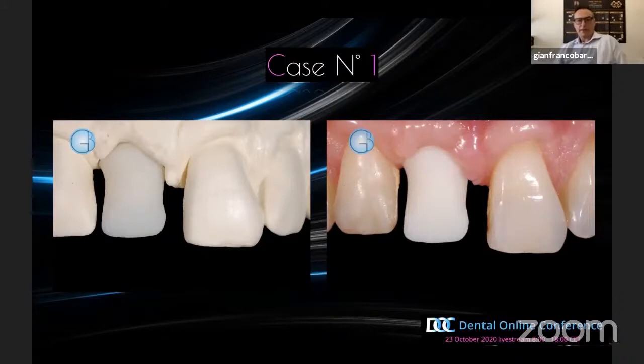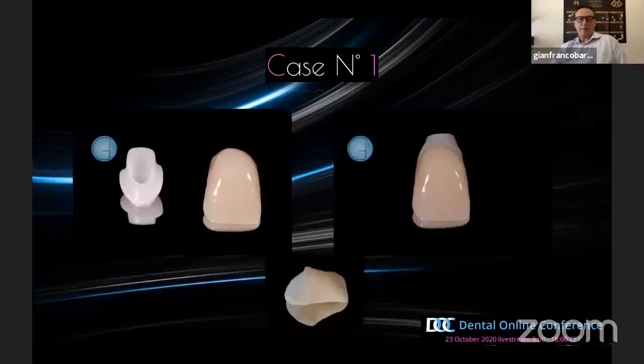We can manage the emergence already at this moment. After all, we can layer a ceramic.